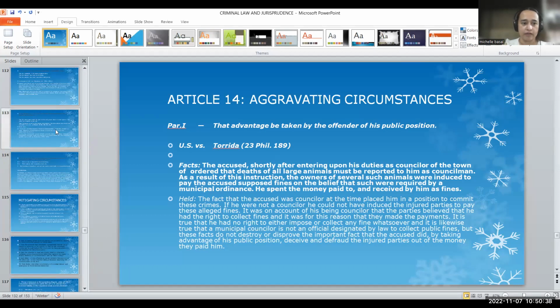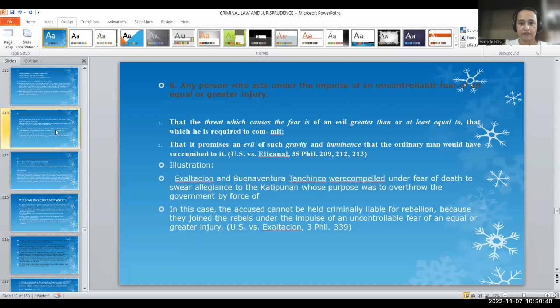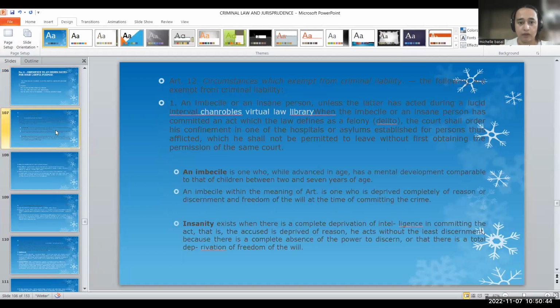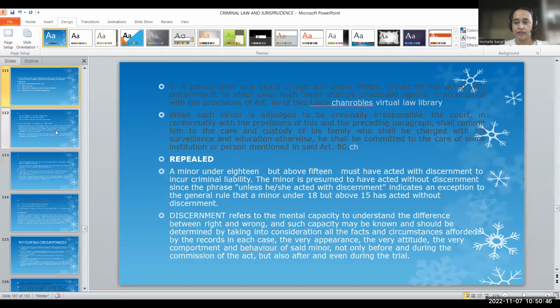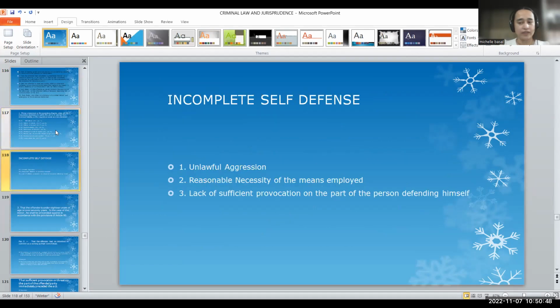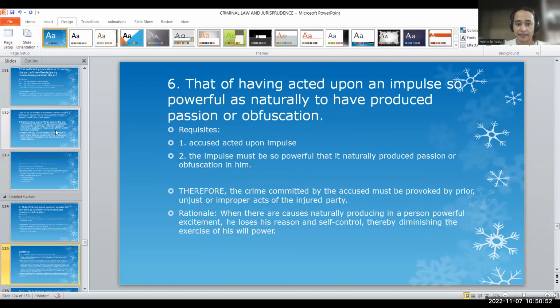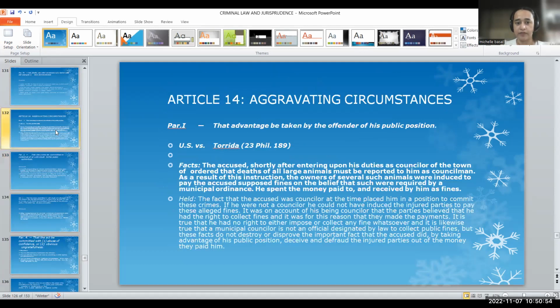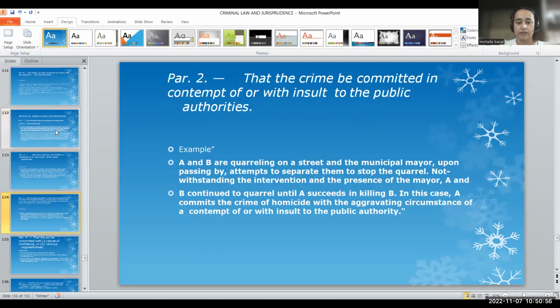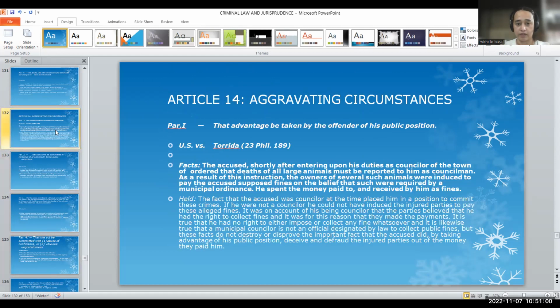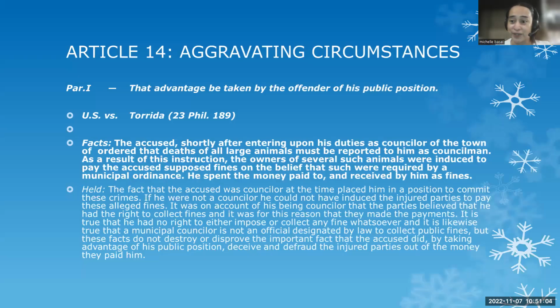But for now, let's first discuss the aggravating circumstances and also emphasize what is the effect if there are aggravating circumstances present in the commission of the crime. Under the Revised Penal Code, there are 21 aggravating circumstances available. Okay, so let's begin our discussion.